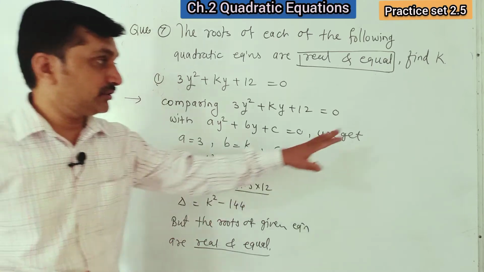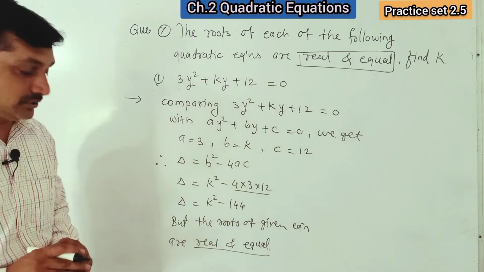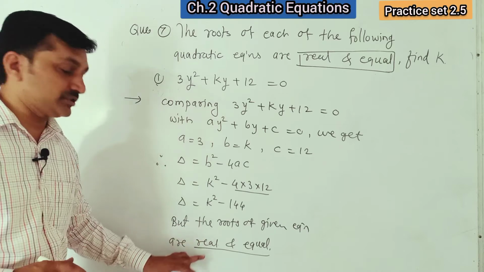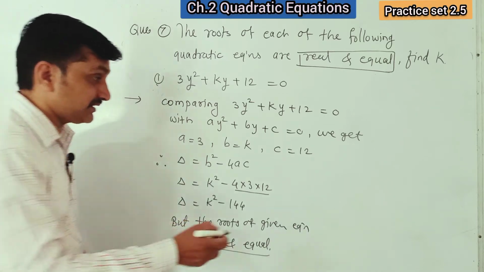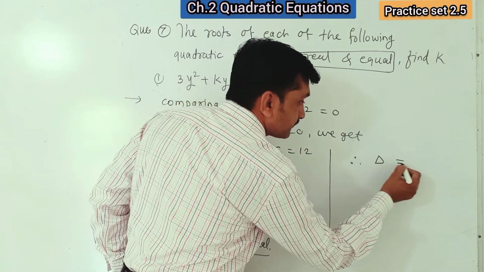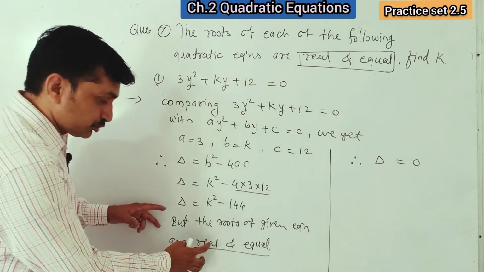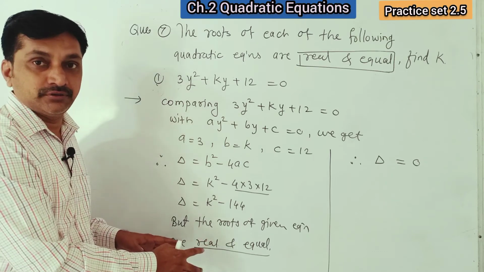Correct? If delta is equal to 0, then roots are real and equal. Here it is already given that roots are real and equal. Therefore we take delta is equal to 0.